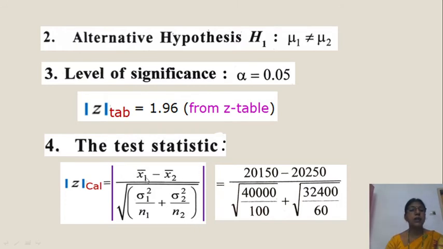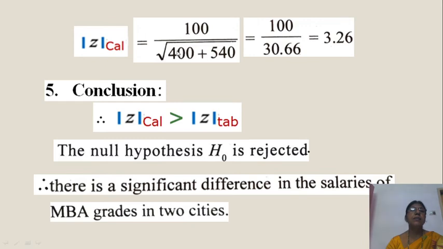For the numerator we use modulus. Substitute the values of x1 bar, x2 bar and the remaining values sigma 1 square, sigma 2 square, n1, n2. After calculation you get 3.26. We know Z tabulated value is 1.96 and Z calculated is 3.26.